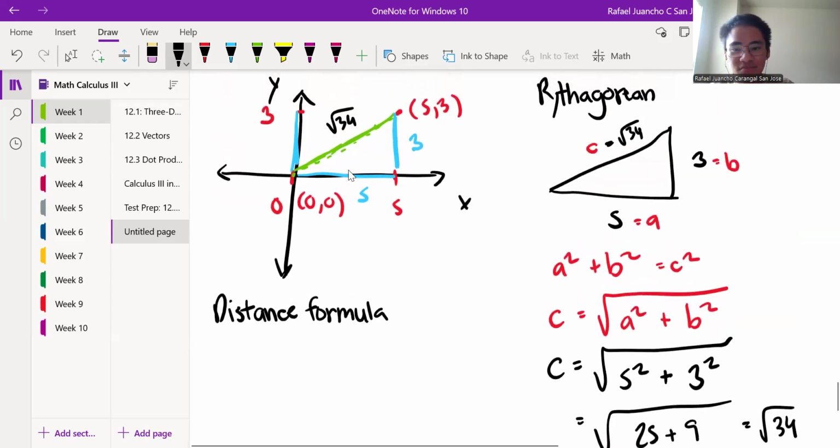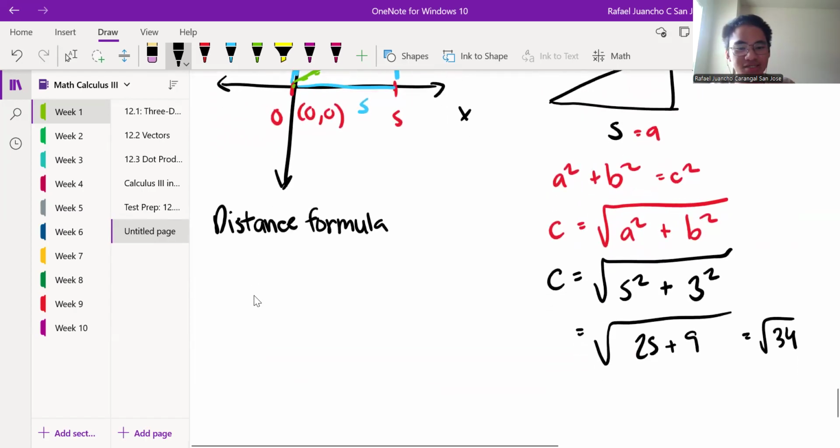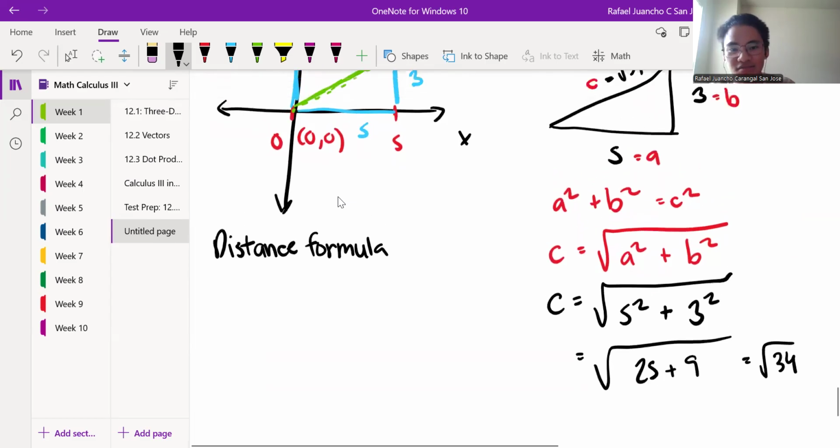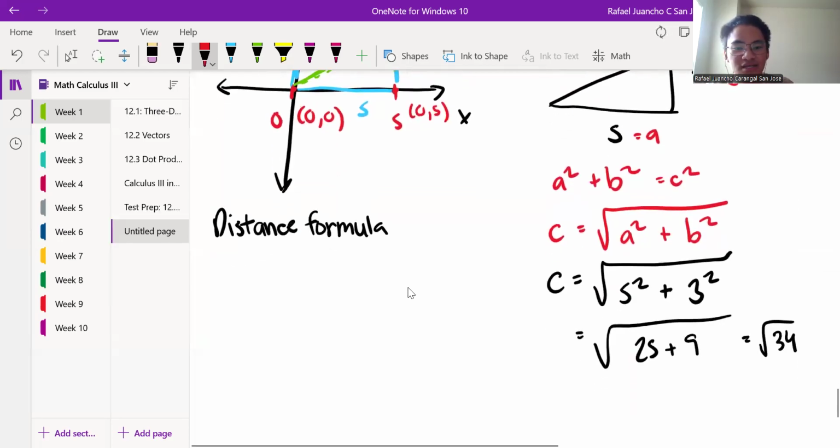What this formula makes use of is coordinates, right? Because let's say this is 0, 0, and then this is 5, 3, and then this is 0, 5. Now, if you're given coordinates, we can use the 2D distance formula.